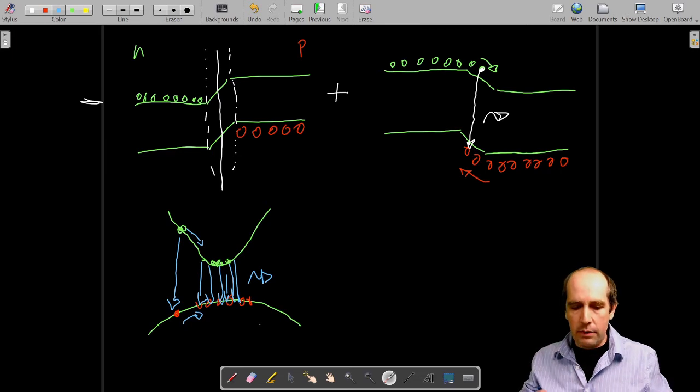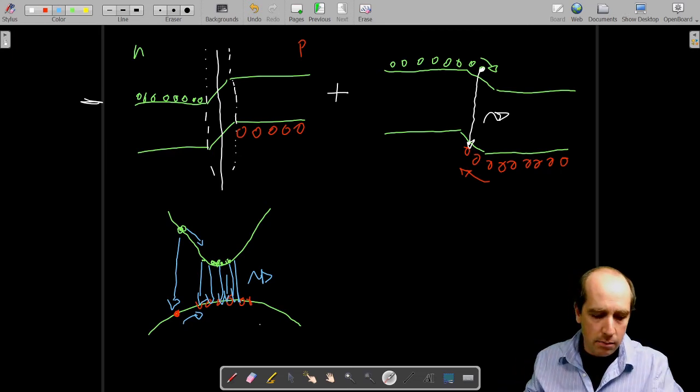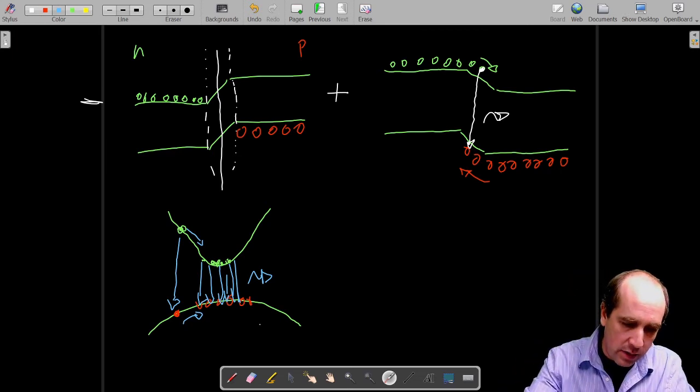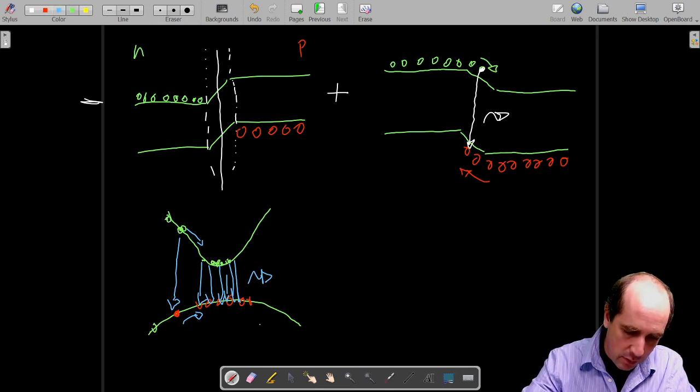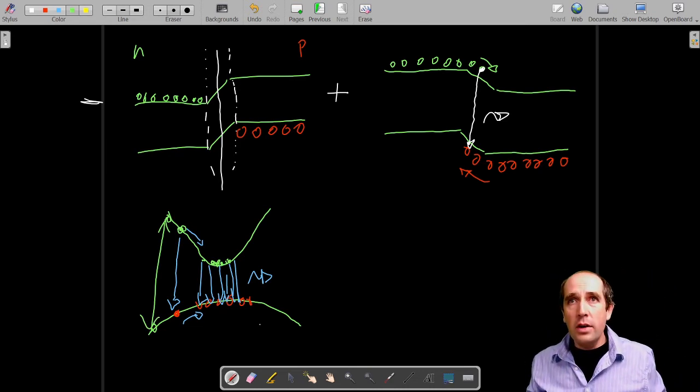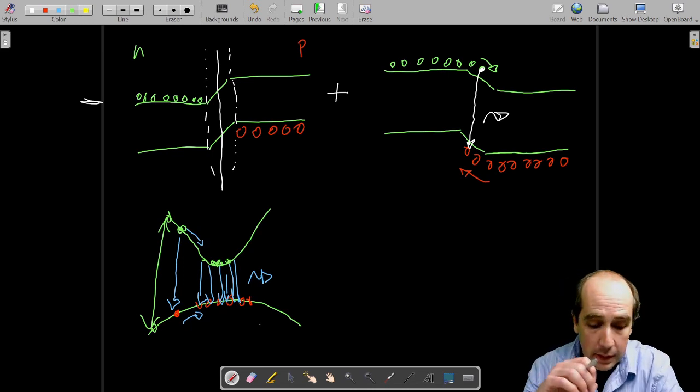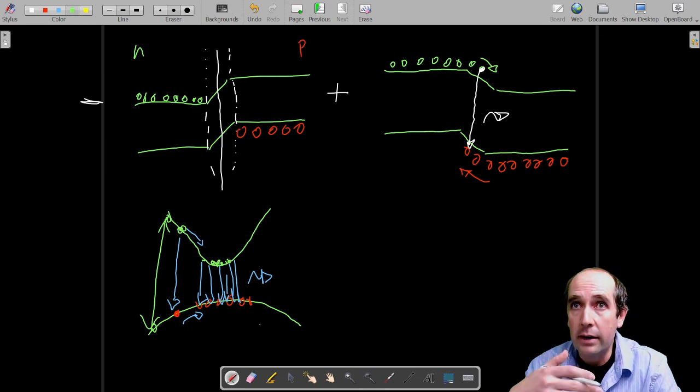I mean, if you have a continuous band, all of these transitions between all of these states are in principle possible. However, only the ones that happen really close to the band edges will actually occur. And therefore, we expect LEDs to be reasonably monochromatic.